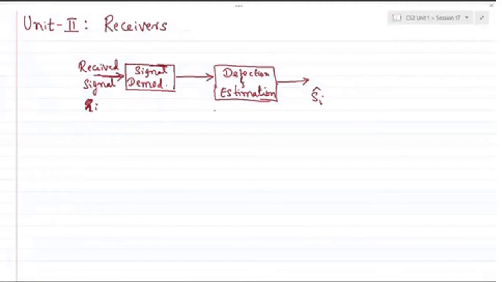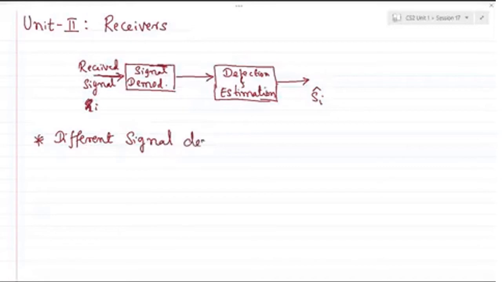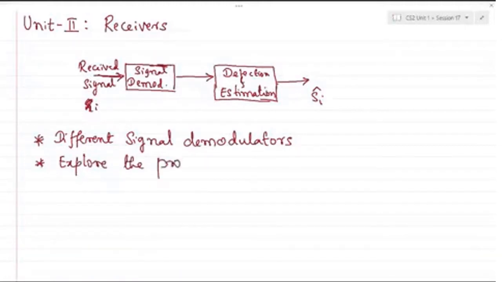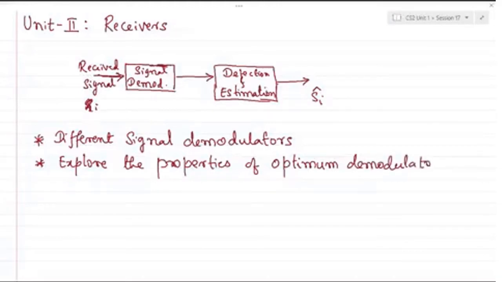Okay, so we'll look at the receiver in this very broad sense and try to understand the highlights of this Unit 2. We first look into different signal demodulators. Then we will explore the properties of the optimum demodulator. We want a demodulator to be optimum, and we will try to understand what an optimum demodulator is.